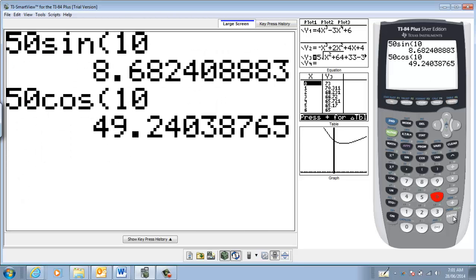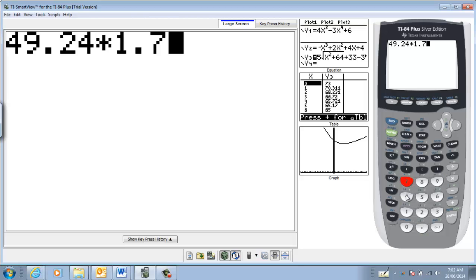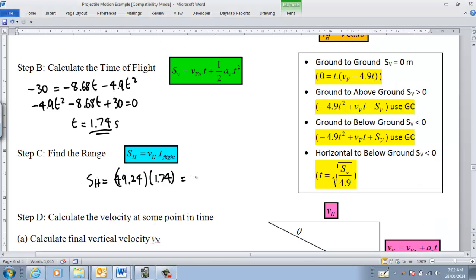By the way, if you don't have polysim on your calculator, ask me and I'll give you a copy of it. It's not hard to install. So 49.24 times 1.74, and that will give us an answer of 85.68 metres.